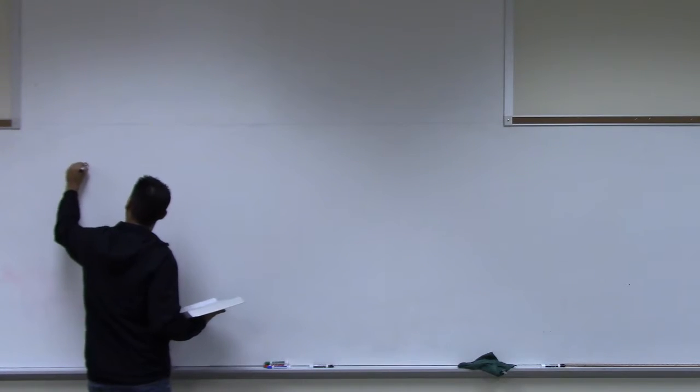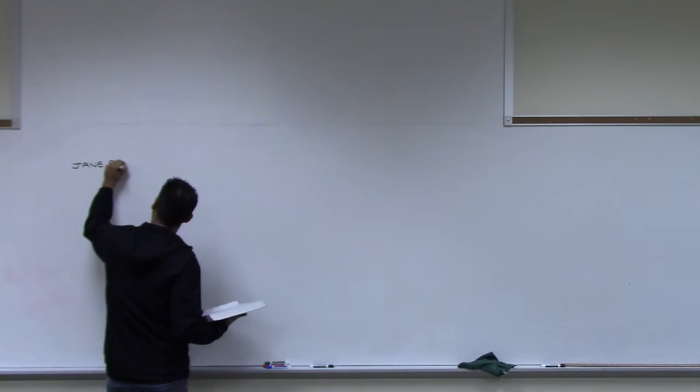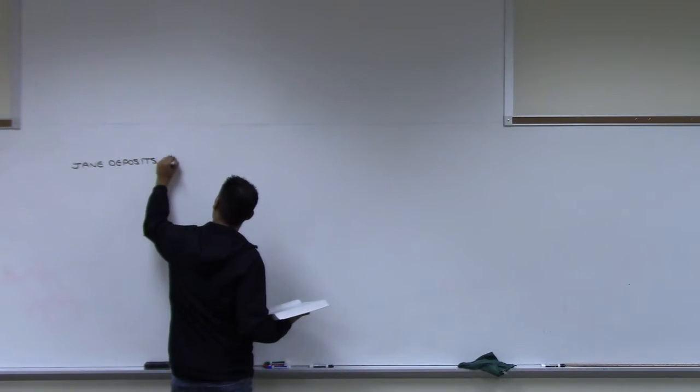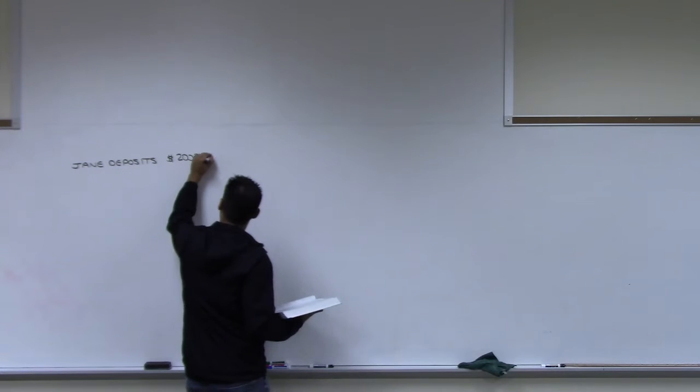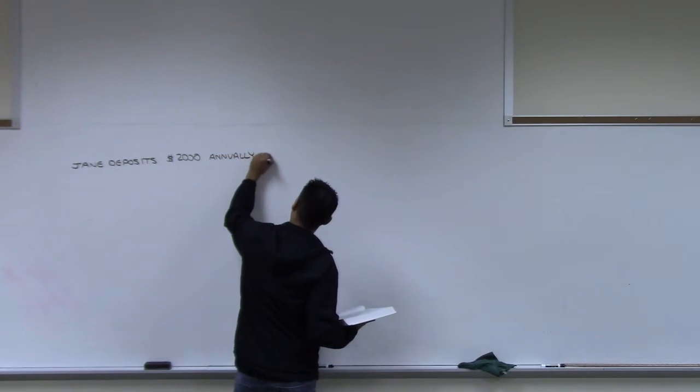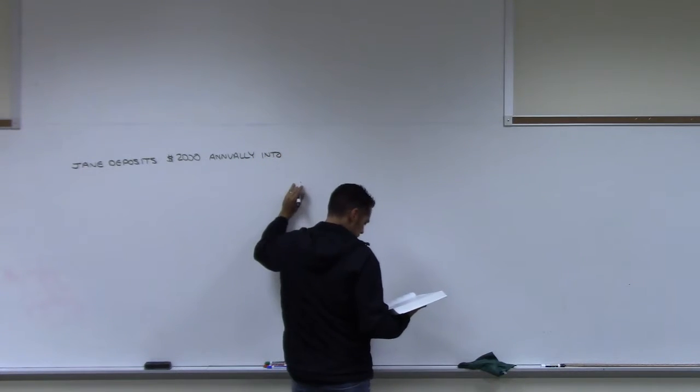Jane deposits $2,000 annually into an IRA.